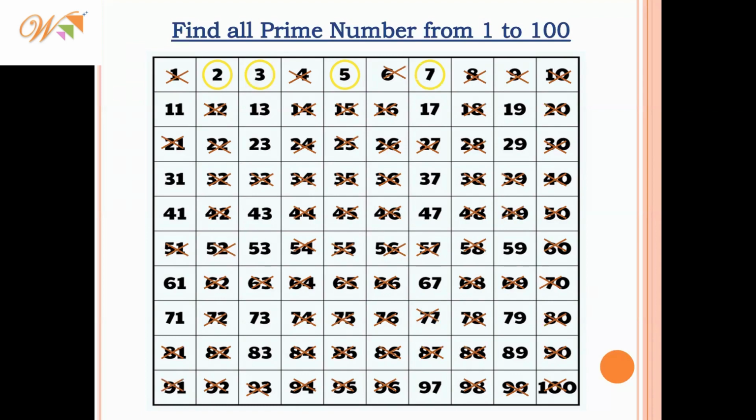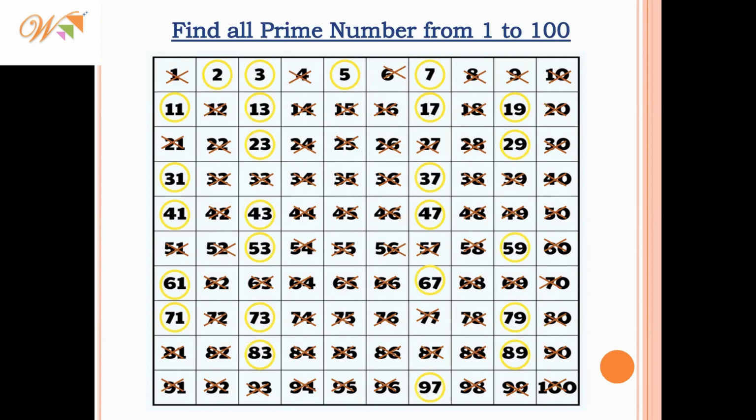Now we are left with some numbers like 11, 13, 17, 19, 23, 29, 31. So you can see what numbers are left. Now the numbers that are left are the prime numbers from 1 to 100. I hope the method was easy. All these numbers are the prime numbers that we have highlighted now.